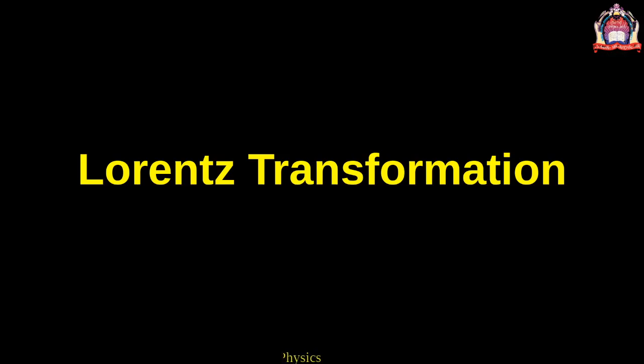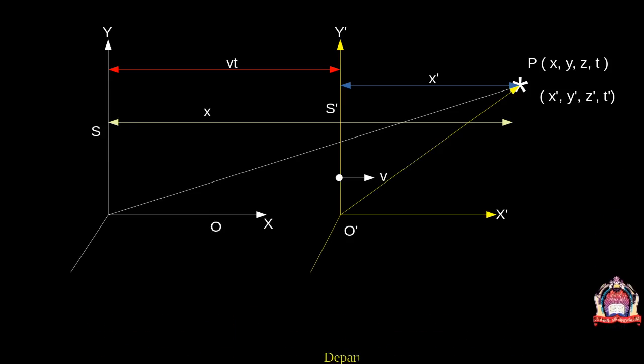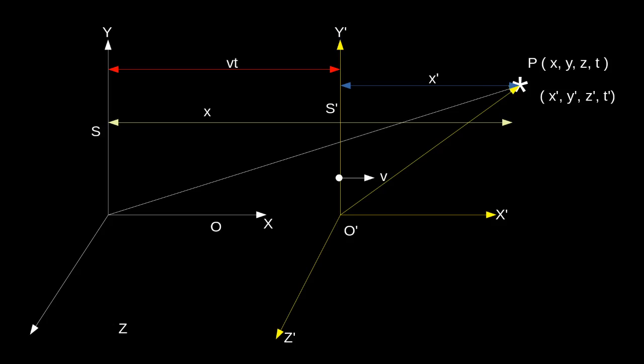For the sake of convenience, let us consider two frames of reference, S and S dash. S is stationary and S dash is in motion with a constant uniform velocity relative to the S frame, and the motion is along the x direction.